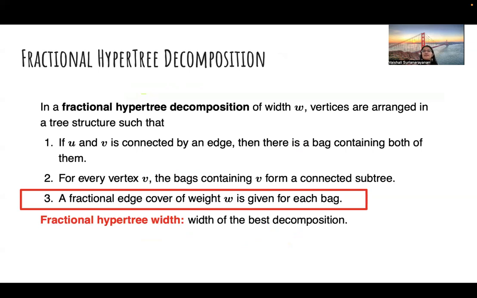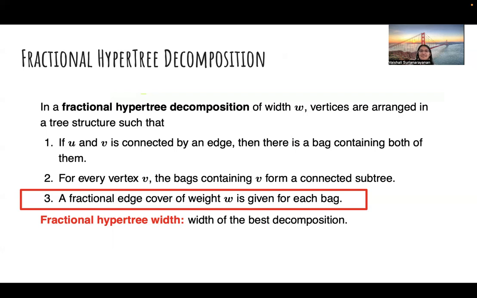So we can go into defining fractional hypertree decompositions now. Fractional hypertree decompositions are tree decompositions for hypergraphs. But you can construct an auxiliary graph, which is called the Gaifman graph of the hypergraph. You add an edge between every pair of vertices that are contained in the same hyperedge. Then this graph is called the Gaifman graph.